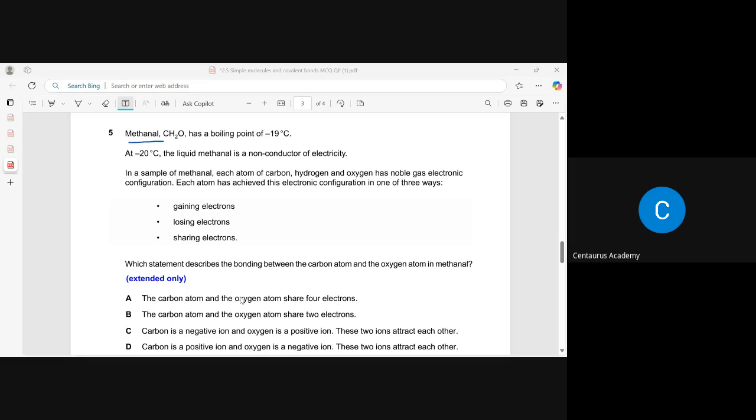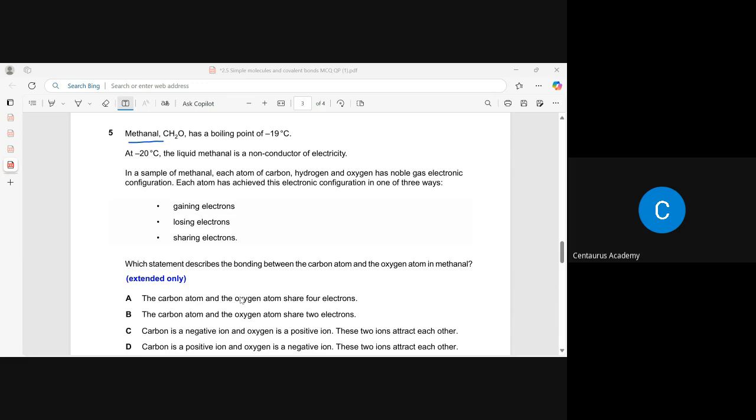No, I think you didn't get the option actually, Ayla. The first option says the carbon atom and the oxygen atom share 4 electrons. The next option says the carbon atom and the oxygen atom share 2 electrons. And options C and D say carbon is a negative ion, oxygen is a positive ion. There are going to be no ions present. Why?